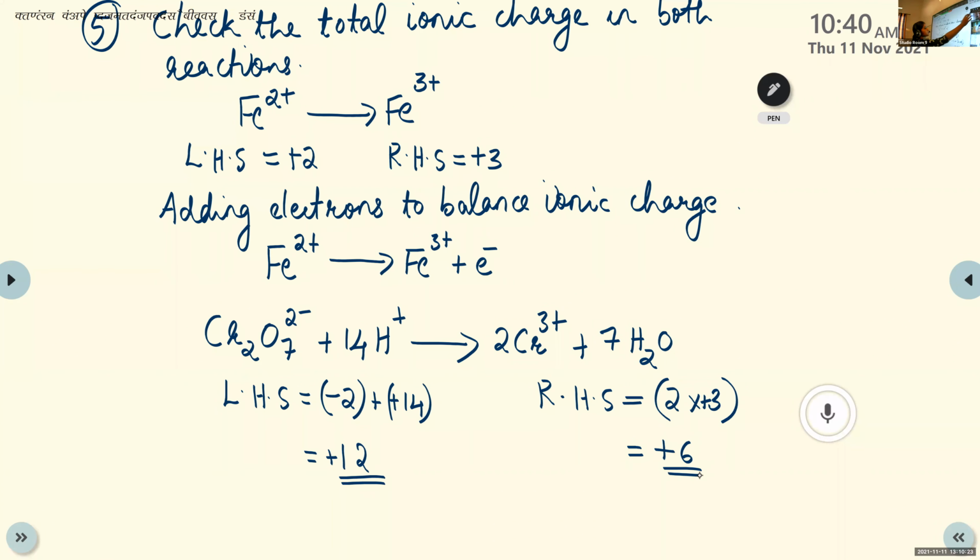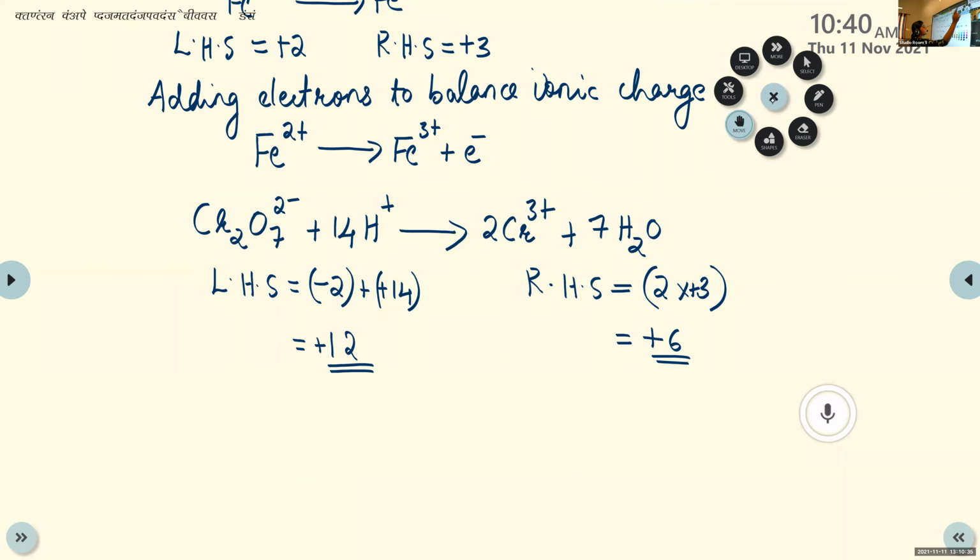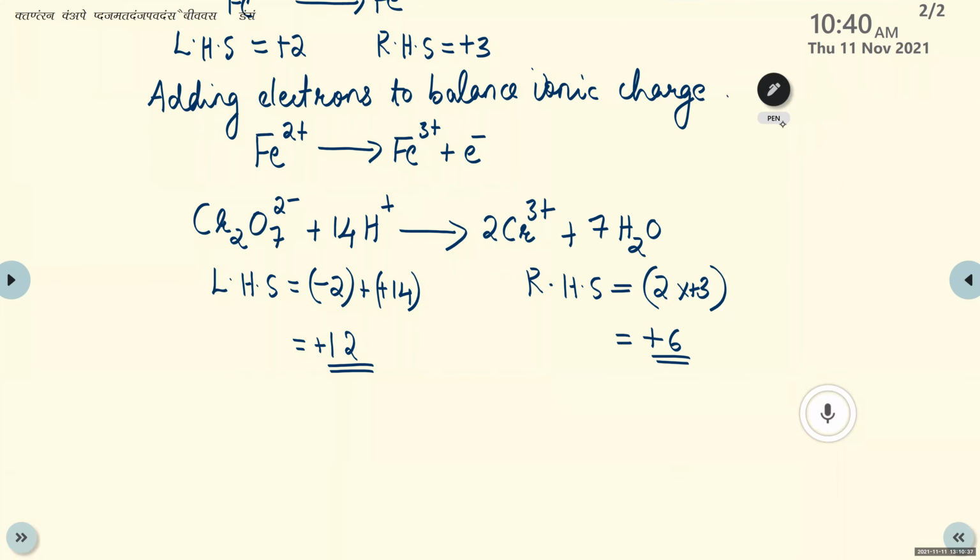The only option is to add electrons. So where will we add electrons or how many electrons should be added? 6 electrons on the left hand side. Very good. 6 electrons on the left hand side.